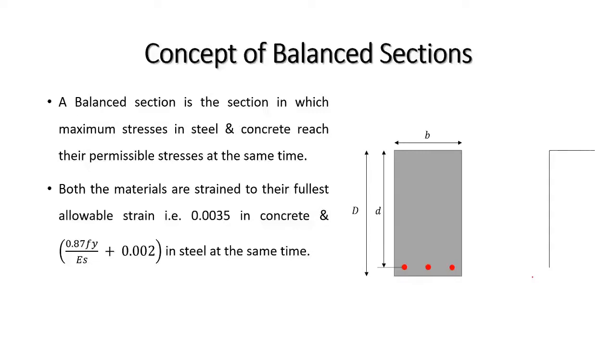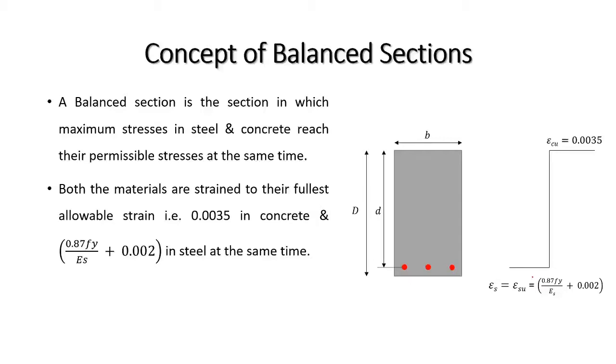Means that, as we know, the maximum compressive strain which is permissible by IS 456 is 0.0035 and the maximum permissible tensile strain is epsilon su, that is equal to 0.87 fy upon Es plus 0.002.